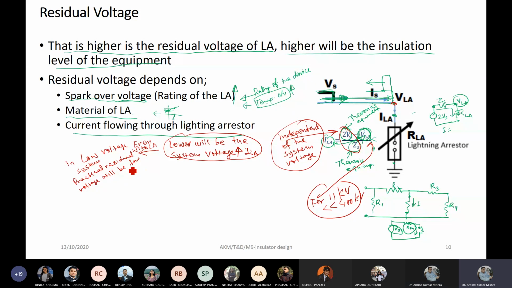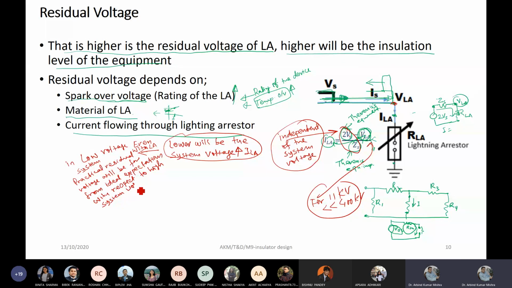far from the ideal expectation with respect to high system voltage. Why? I have explained.